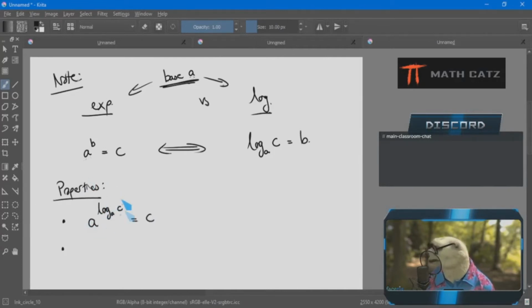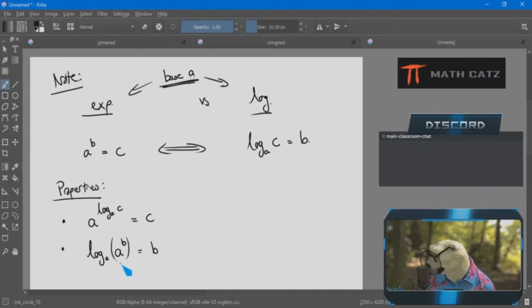Or you can say, well, this log represents the exponent for a that would give me c. I then raise a to that power, so I should get c. It's really quite simple. And the other one, log base a of a to the b, is just b.